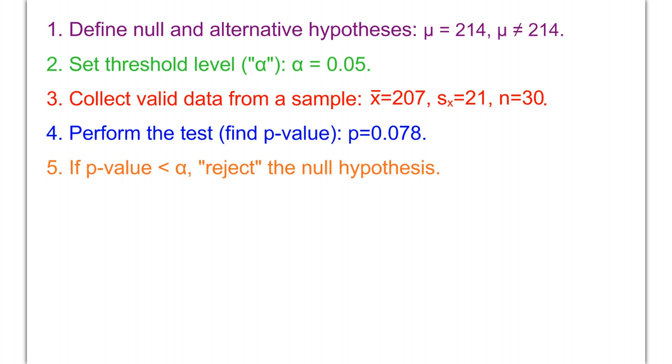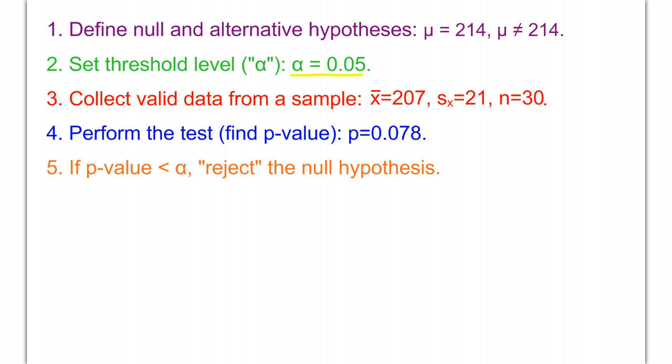The last thing you need to do is decide whether or not to reject your null hypothesis. So it says here that we got a p-value of 0.078. We have an alpha value of 0.05. All we do is compare these values. If P is greater than alpha, if P is bigger, we do not reject.